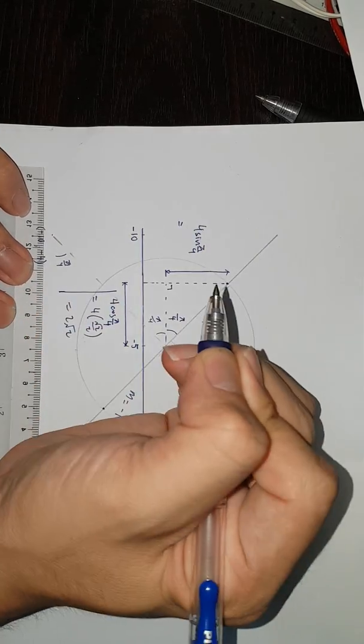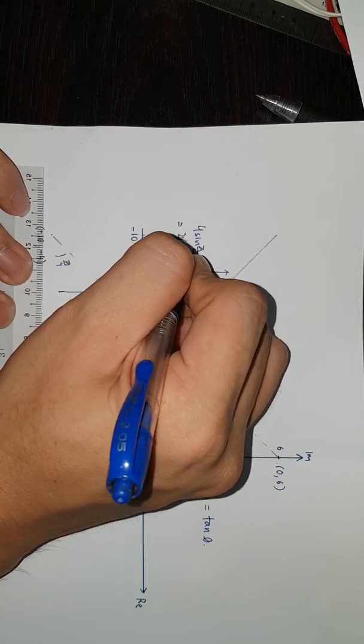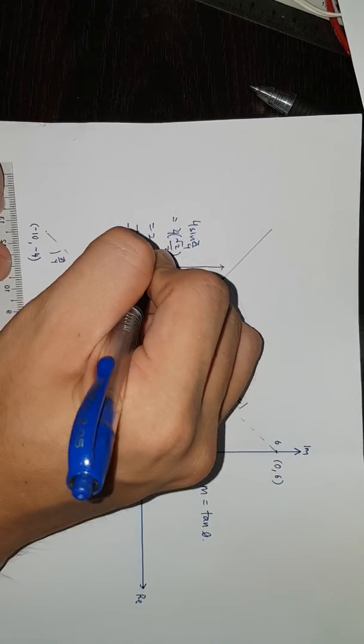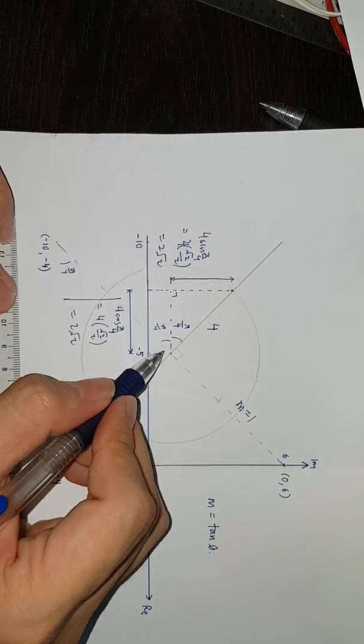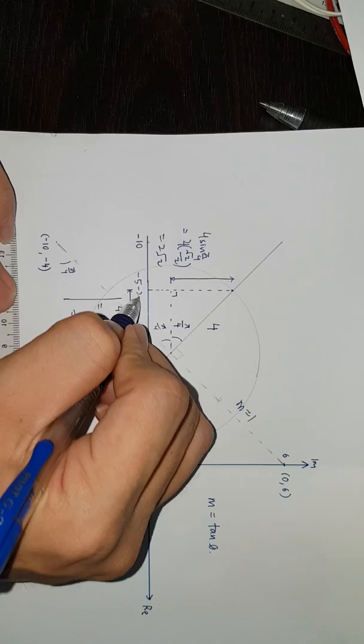Here we get 2 root 2 as well. So essentially, to find this coordinate over here, this x coordinate will be -5 minus 2 root 2.